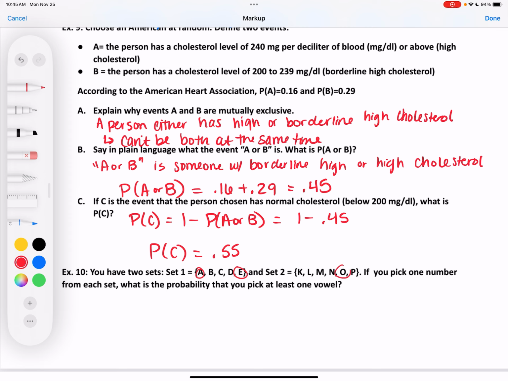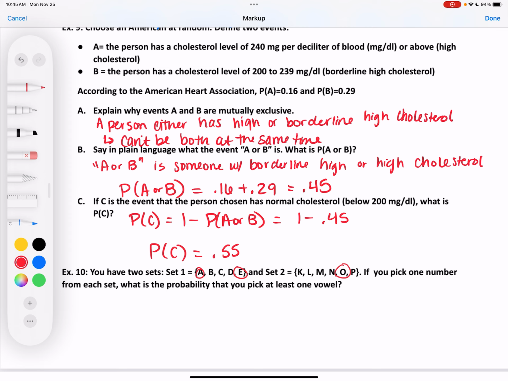Okay. So, at least one, at least says I should be thinking what? Complement. So, at least one vowel. I would say let's do 1 minus the probability of no vowels, because anything more than none meets this criteria.